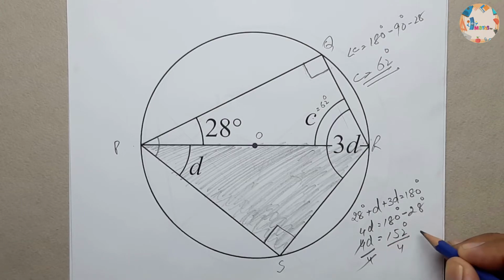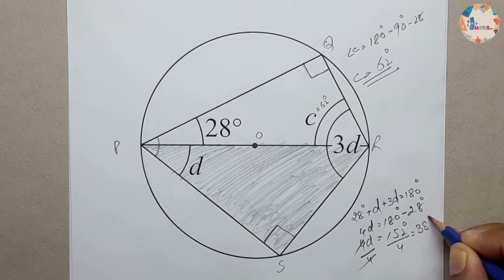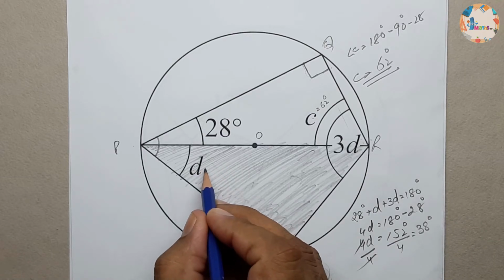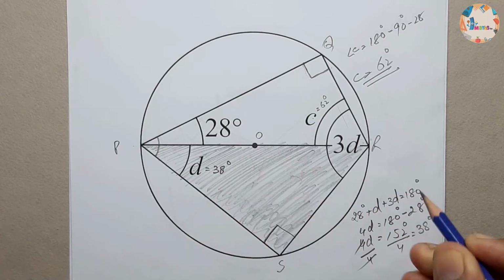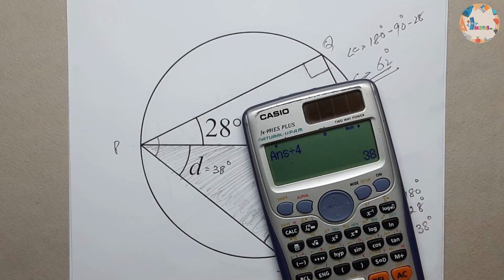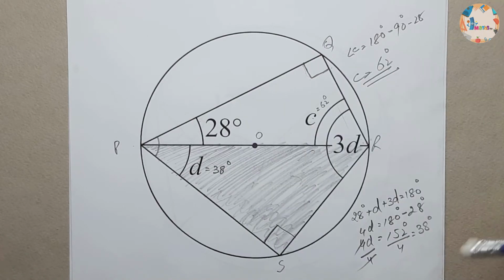So the value of D will be equal to 38 degrees. So we require D over here. It means this is 38. D is equal to 38 degrees, and 3D will be 38 multiplied by 3, which is 114.